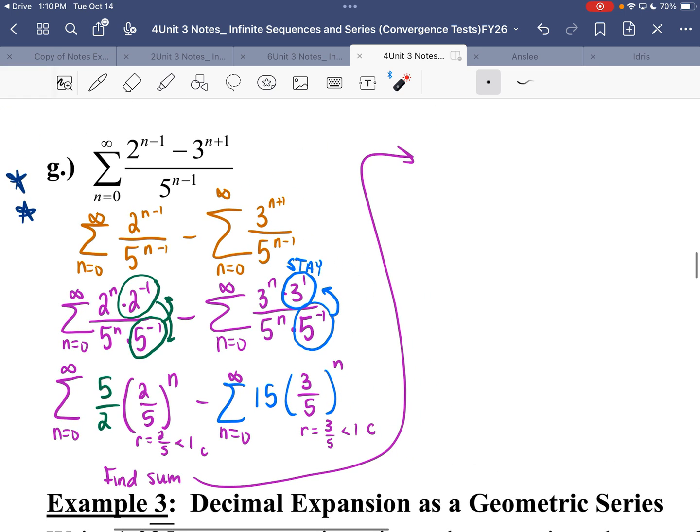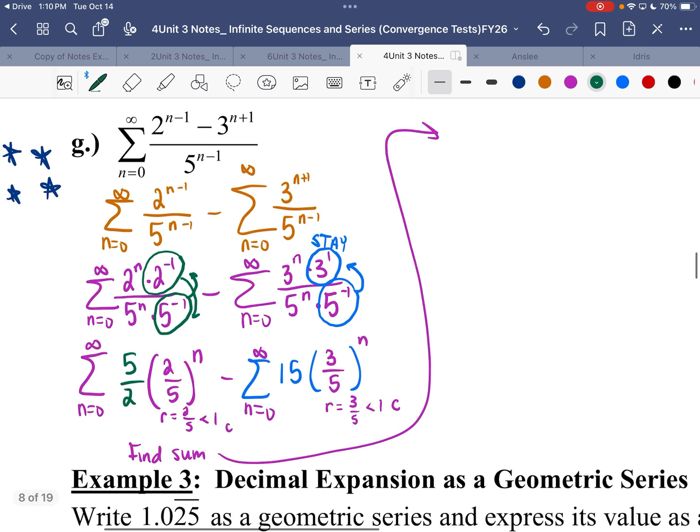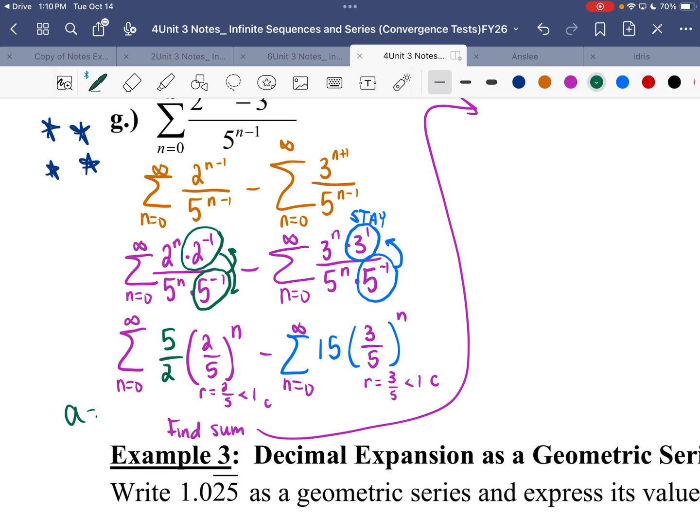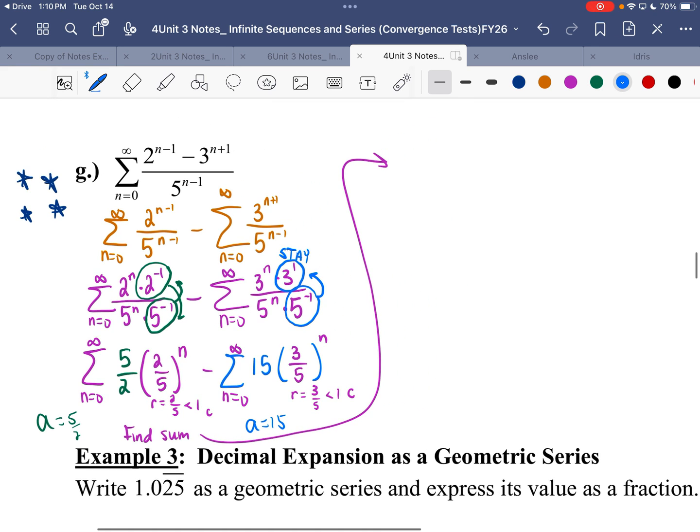Okay, so what is our first term here on the green one? 5/2. What is the first term on the blue one? 15. Okay, just checking.